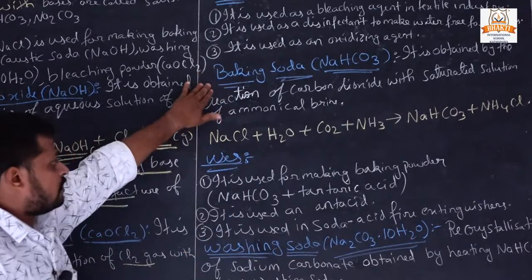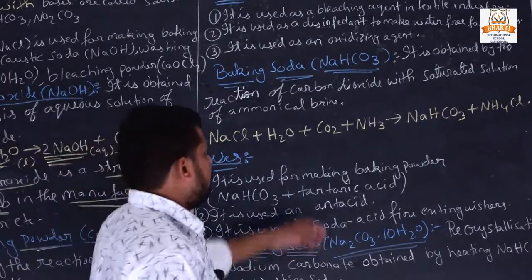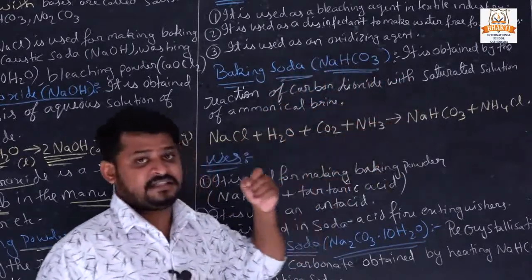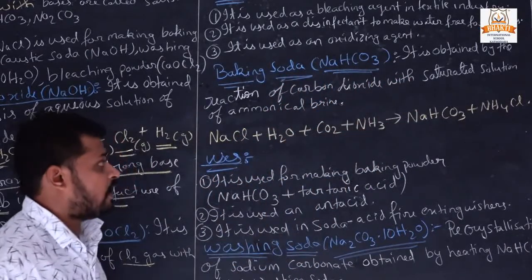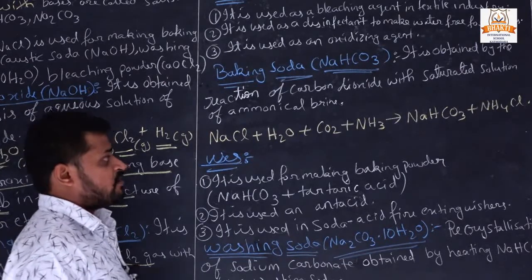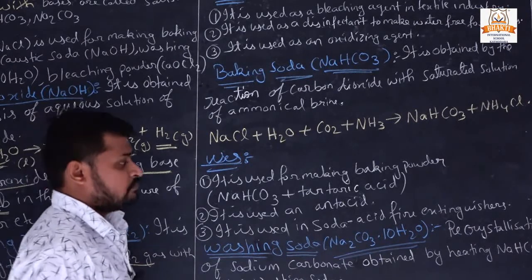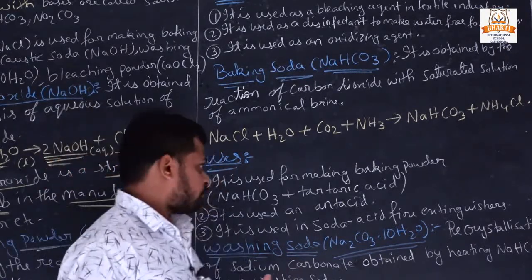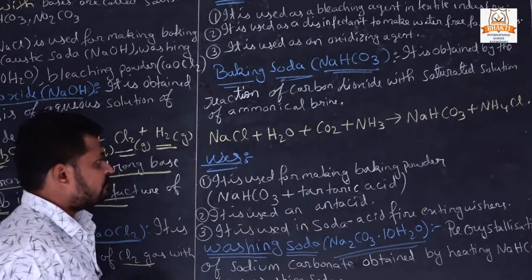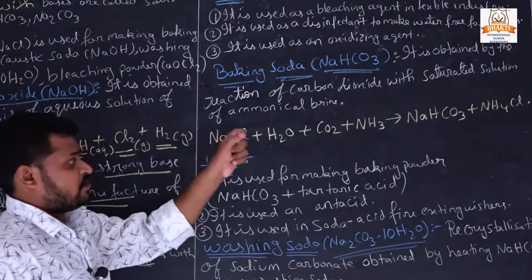Now our next topic is baking soda. What is baking soda? NaHCO3. This is the molecular formula of baking soda. How is it obtained? It is obtained by the reaction of carbon dioxide with a saturated solution of ammoniacal brine.